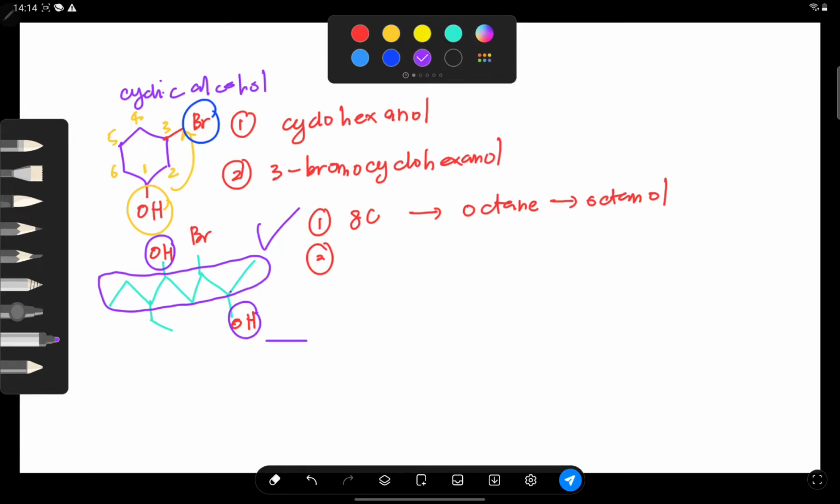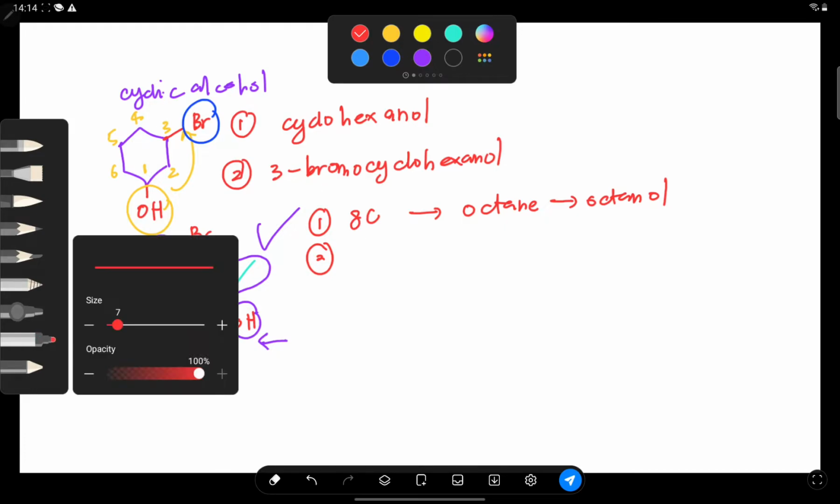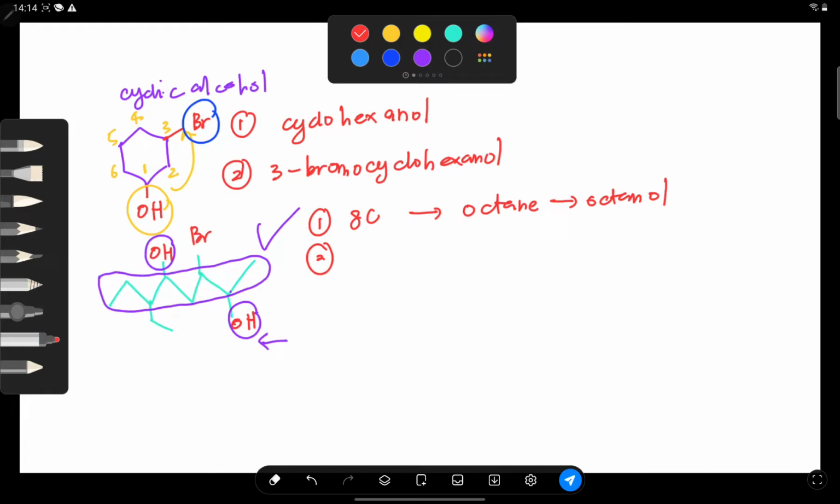So here is from right to left, and here is from left to right.